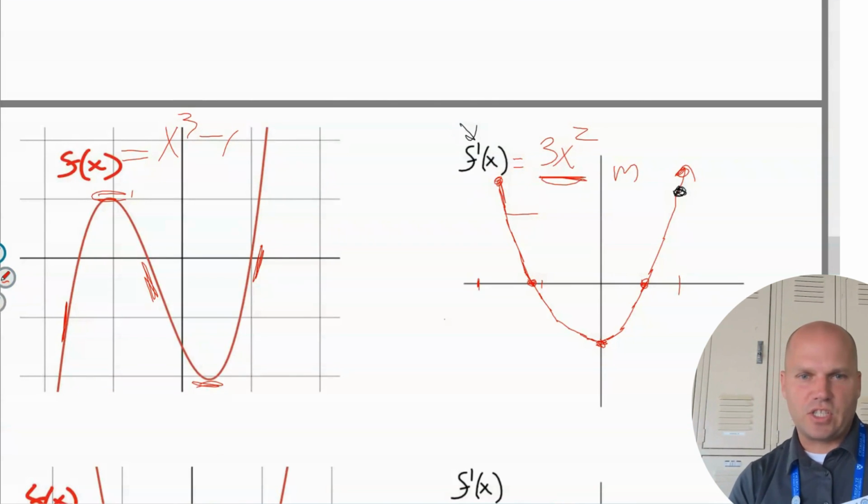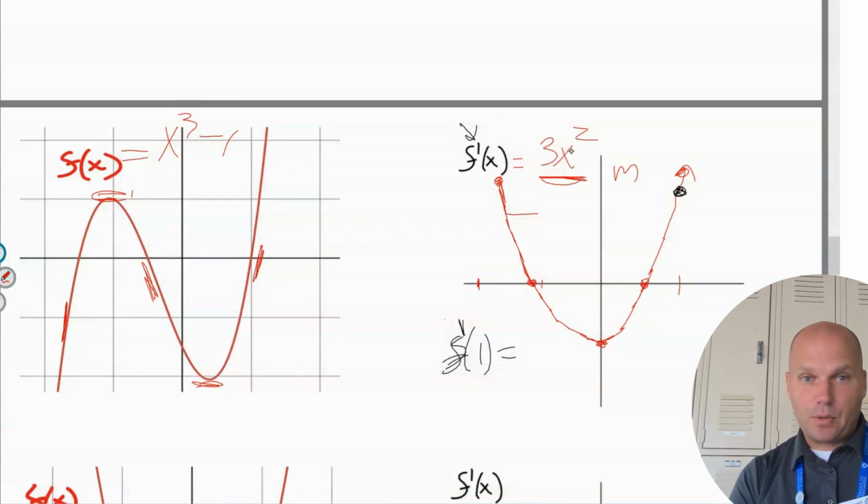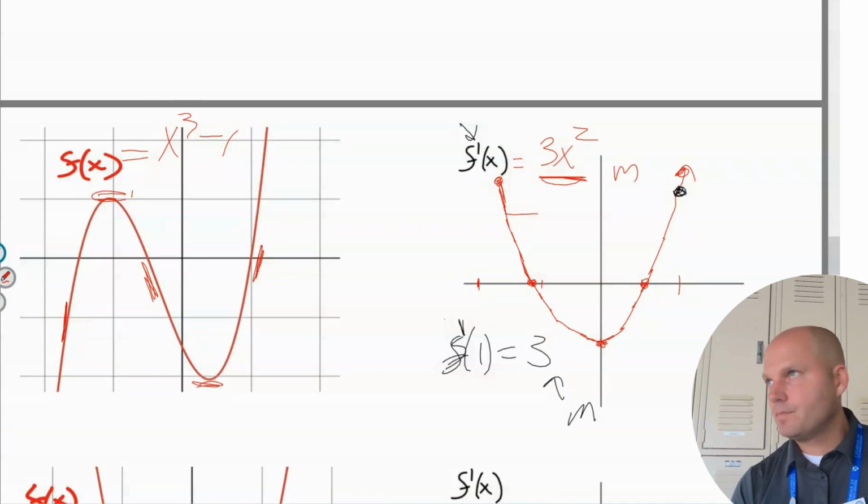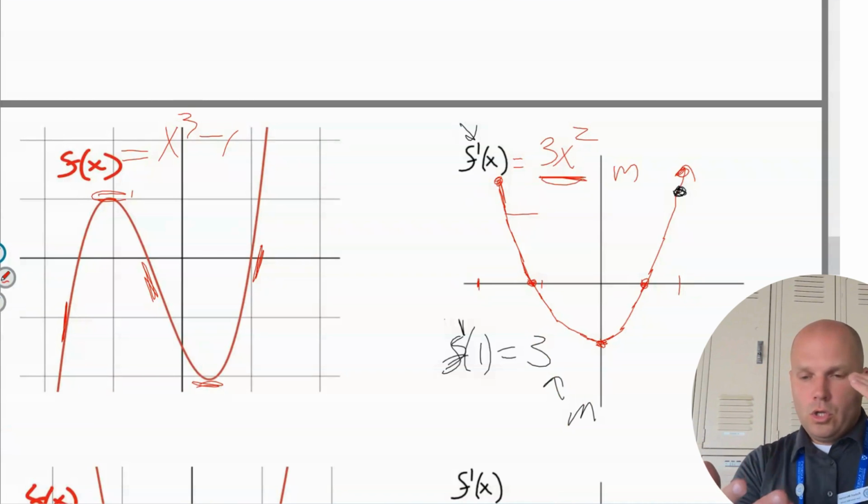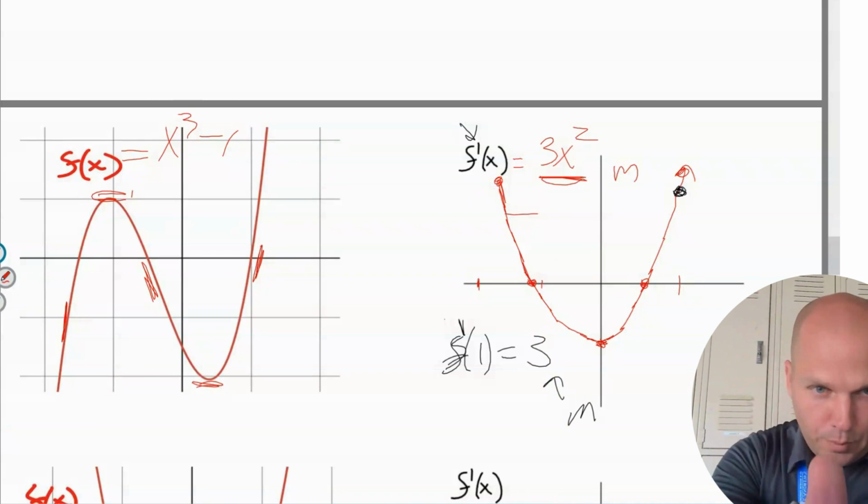Now, what's great about this is if you plug in a value, I plug in 1 into f prime, I'm finding the slope of f at 1. I plug in 1, I get 3. That's an m. The slope graph has an equation.